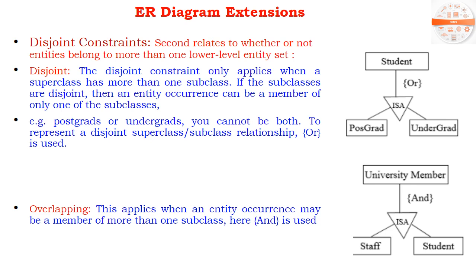For example, the student is a postgraduate or the student is an undergraduate, not both. And next one is overlapping. This applies when the entity occurrence may be a member of more than one subclass. It means what? The staff is a member of university member and the student is also a member of university member.